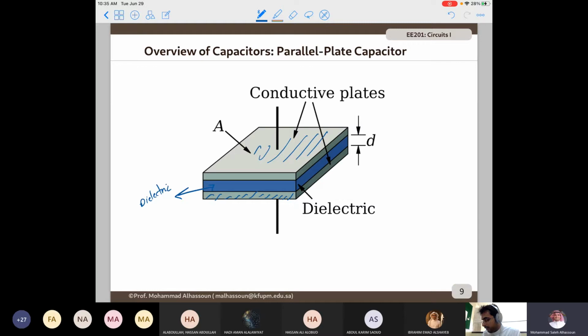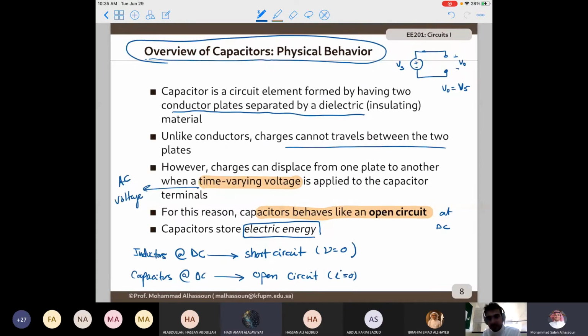Will there be any current flowing from this plate to that one? By logic, no, it doesn't have to. No current is going to flow. That's why, if you have a DC voltage, we'll have no current, which means it will behave like an open circuit.